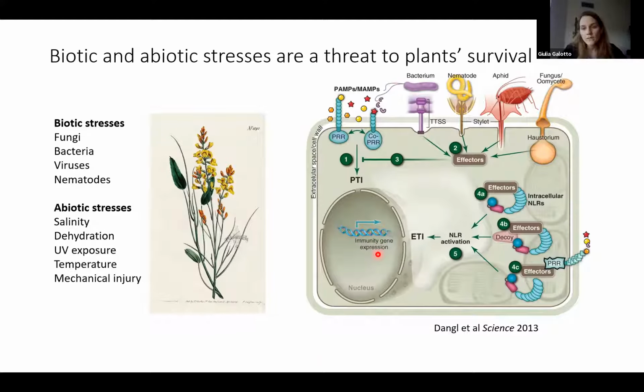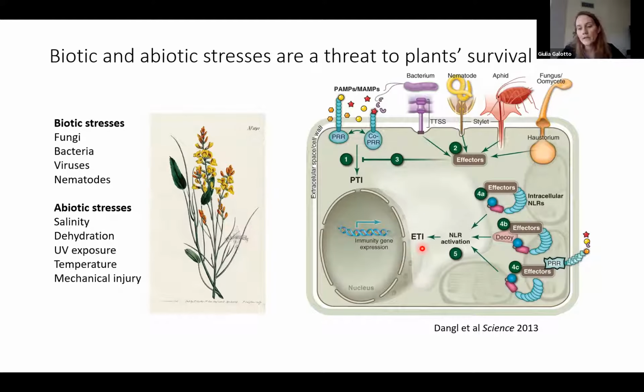In parallel, pathogens evolve mechanisms to circumvent PTI and eventually to stop it, and they do so by secreting effector proteins into the cytoplasm of the cell. The plant cell can actually sense these effector proteins, and NLR proteins can bind to effector proteins, and this event triggers effector-triggered immunity, ETI.